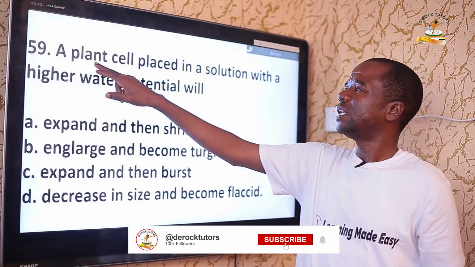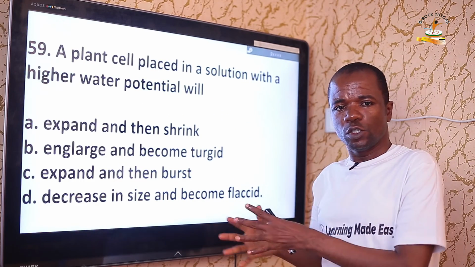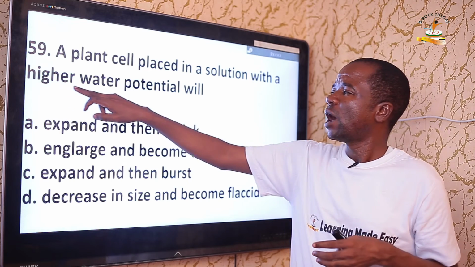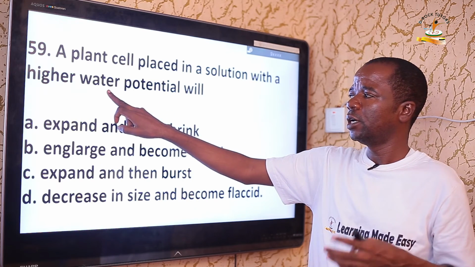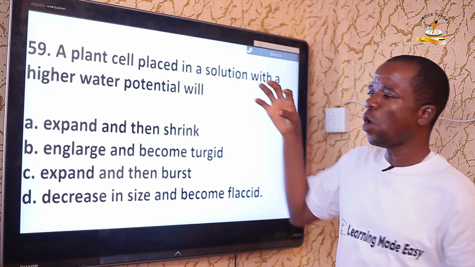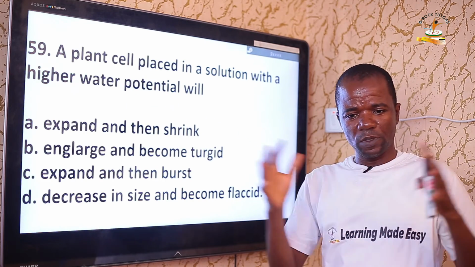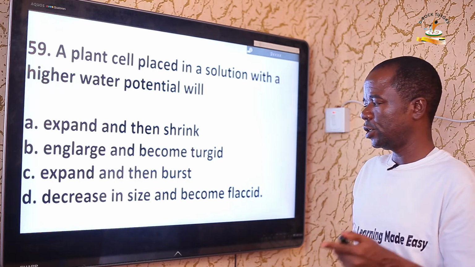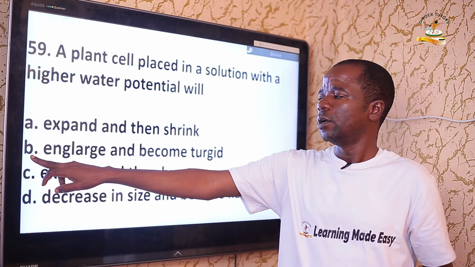And remember that the cytoplasm of the plant cell is going to have a solution that is hypertonic compared to the hypotonic solution of the higher water potential here. And what happens? There will be inward movement of water into that particular plant cell. And when that happens, it begins to swell and eventually becomes turgid. So if you look at the options now, option B is the correct answer.